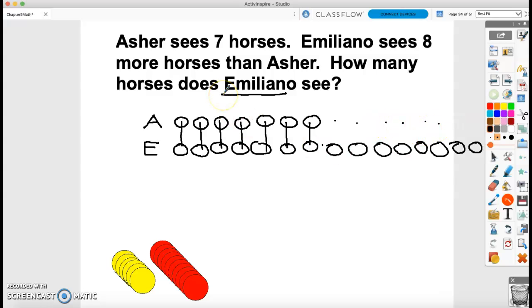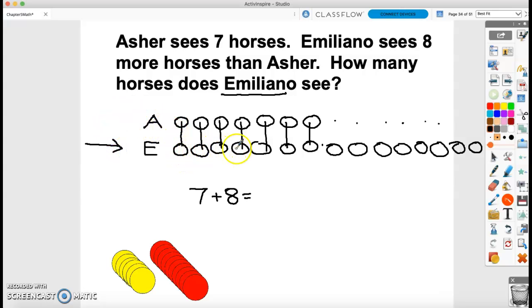So if I were to write a number sentence for Emiliano, he sees the 7 horses that Asher sees, plus he sees 8 more horses than Asher sees, and that's going to equal, well, our answer is what Emiliano sees, not what Asher sees.